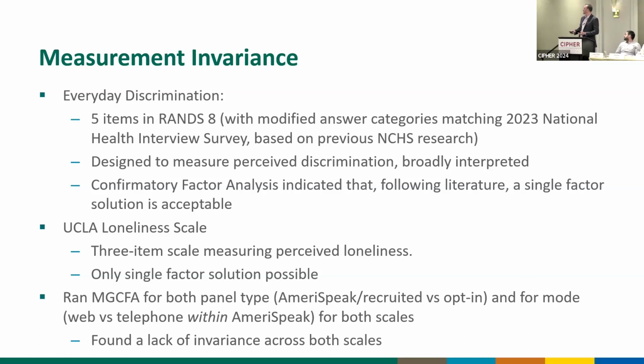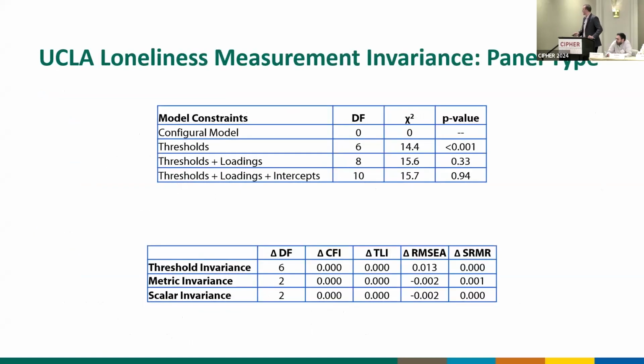So for both of the invariance tests I'm going to show, I looked across panel types, so AmeriSpeak versus the opt-in, and just to expand it a little bit, I looked at mode as well within the AmeriSpeak sample, because we have both web and CATI. The takeaway here is that we did not find invariance across the panel types.